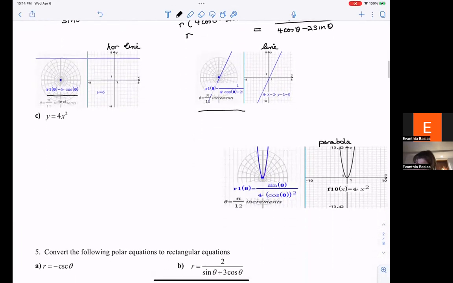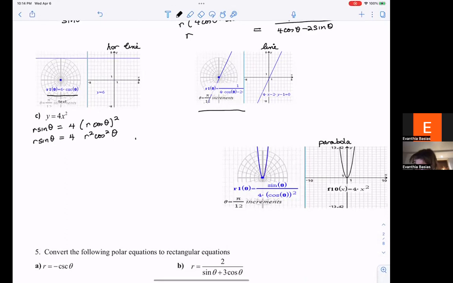Okay, and the last one was a parabola. So again, we write r sine theta for the y is equal to 4 times r cosine theta squared for the x. So we have r sine theta is equal to 4r squared cosine squared theta.